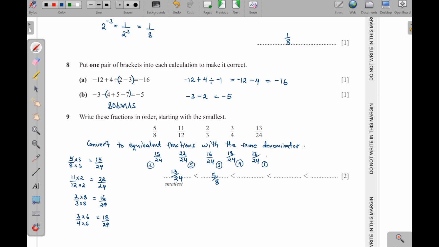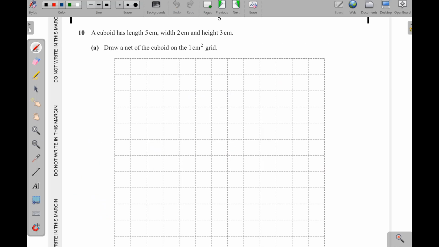And then the next one is 16 out of 24, which corresponds to 2 out of 3. Then the fourth one is 18 out of 24, which corresponds to 3 out of 4. And then lastly, we have 22 out of 24, which corresponds to 11 out of 12. So that is that.